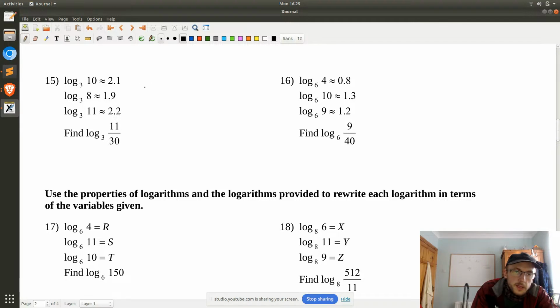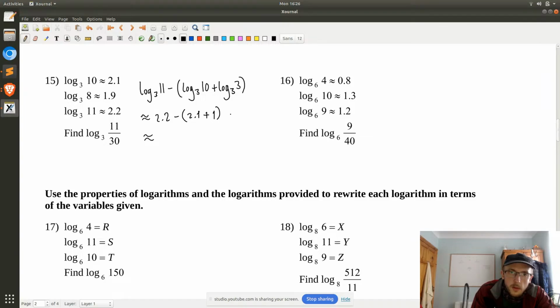Log base 3 of 11 over 30. Mm-hmm. It's 3.1, and 2.2 minus 3.1 is that.